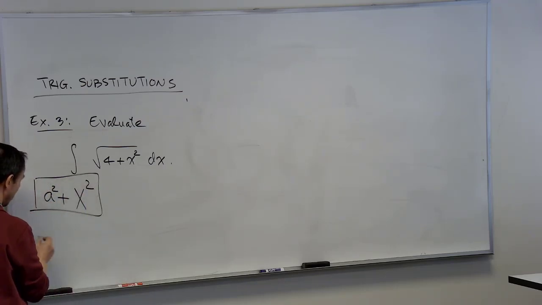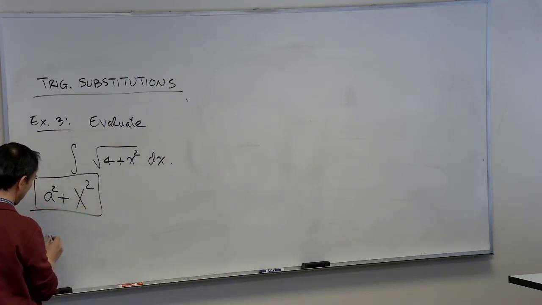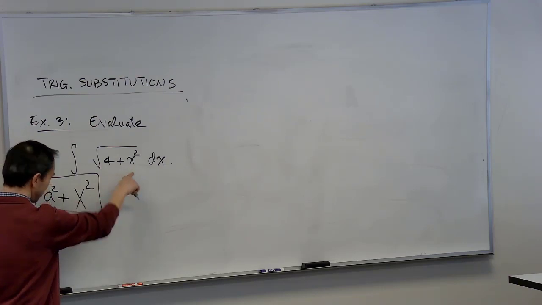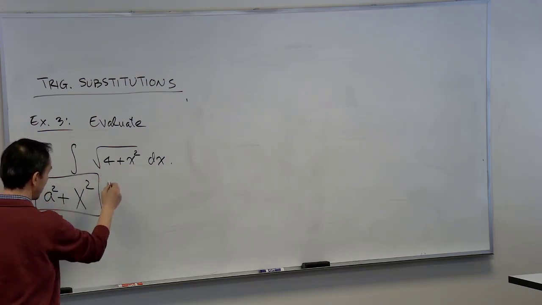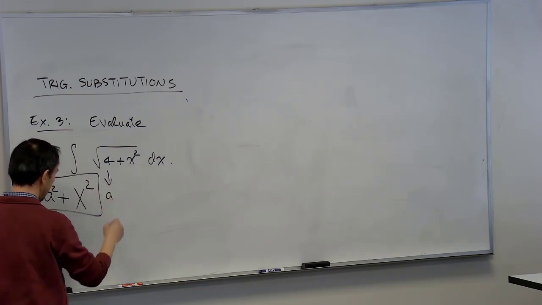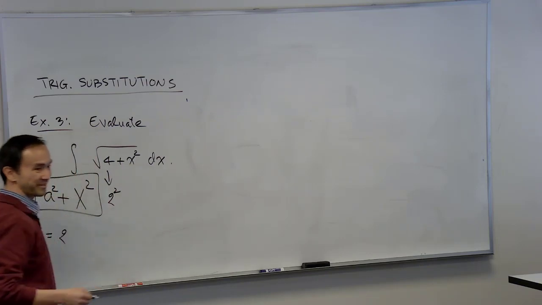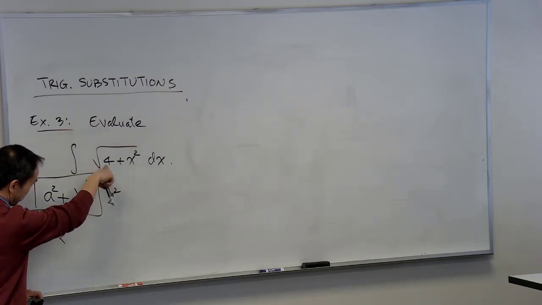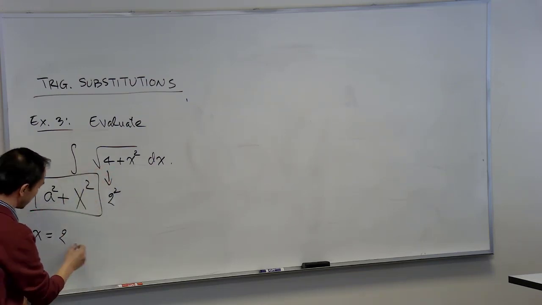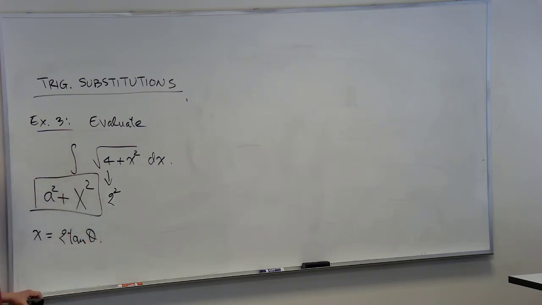I'm going to let the whole expression, which in this case is simply x, equal 2, because the 4 here is understood as 2 squared. So now I'm looking at the 2 that came from the square we recognize within the 4 here. So x equals 2 tangent of theta.